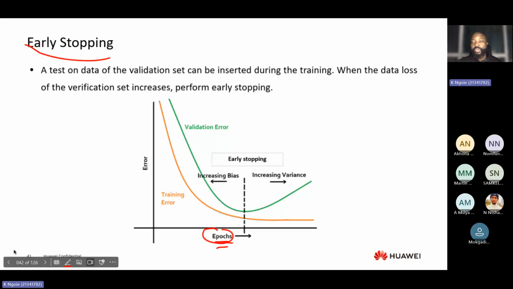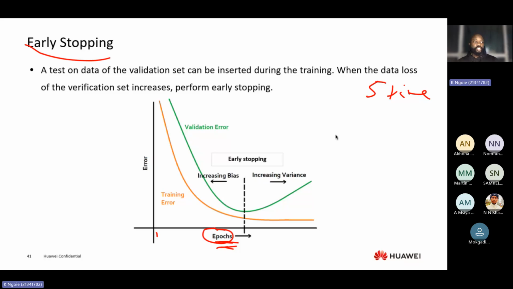So if you set this to 5, your model is going to train 5 times only. If you set it to 1,000, it's going to train 1,000 times. Right, so remember that.